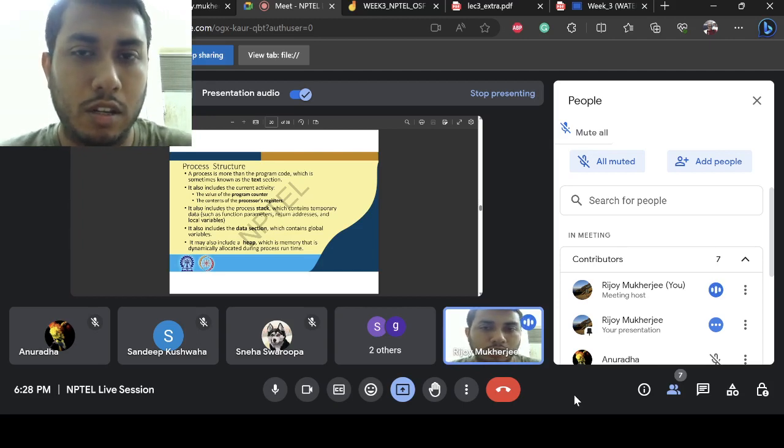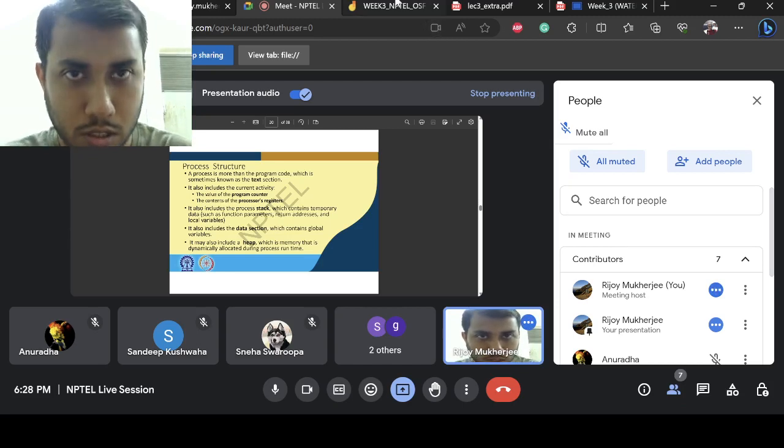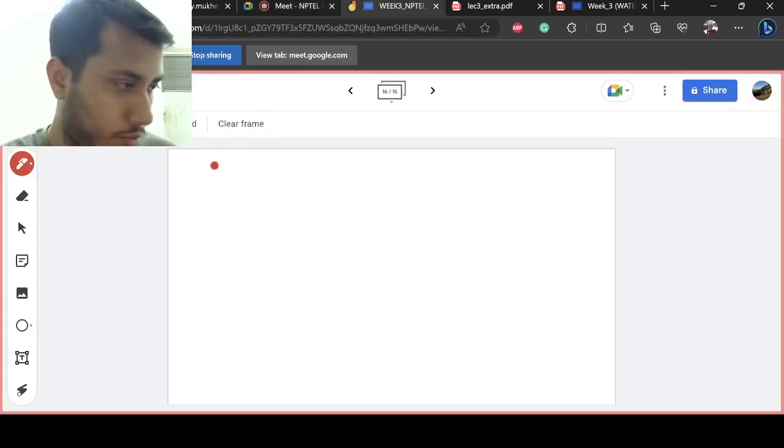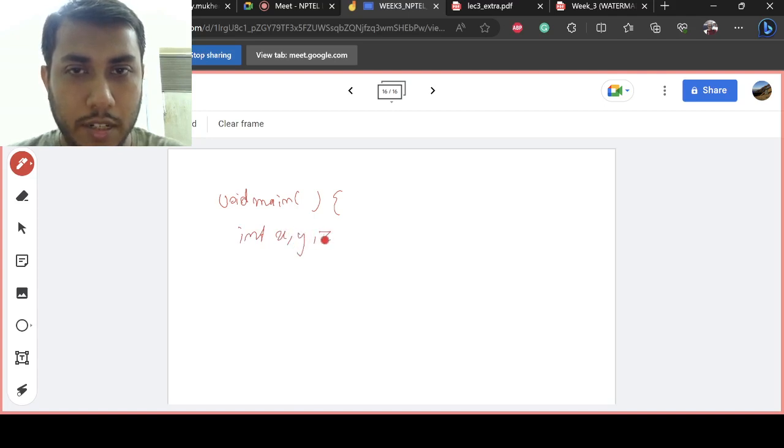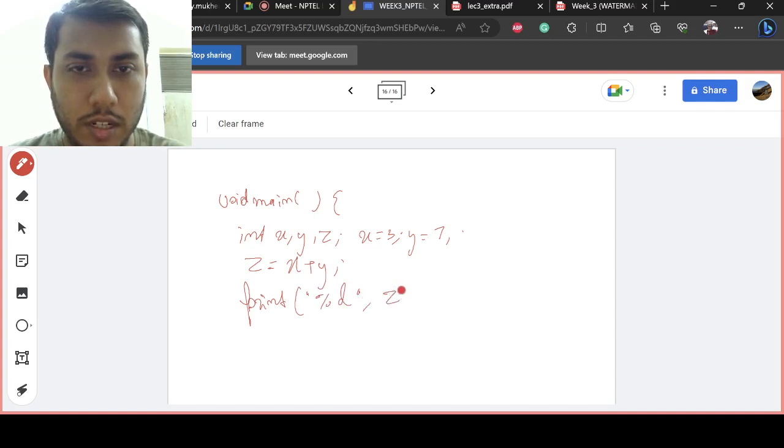Let me just draw it once more. Let's say you have written a code: void main, int x, y, z, with x equals 3, y equals 7, z equals x plus y, and then printing z.